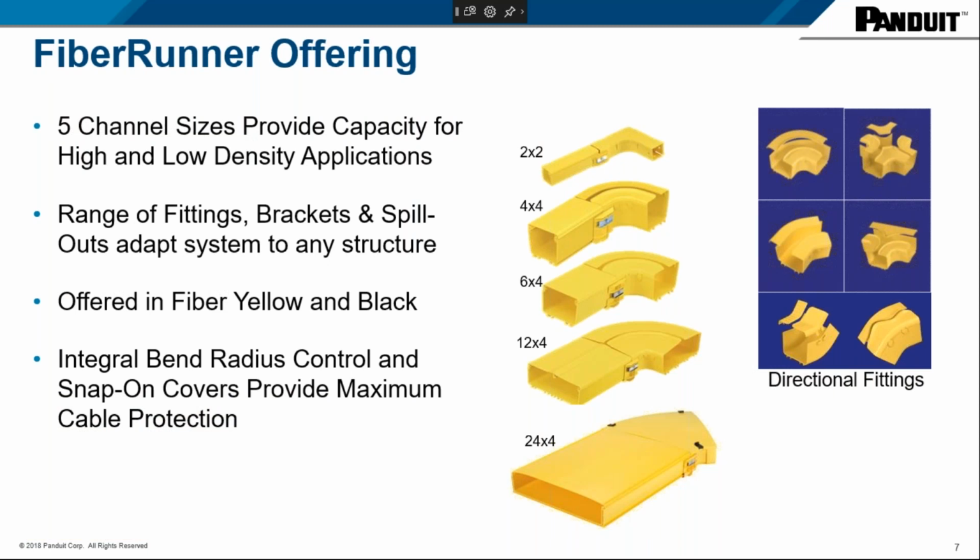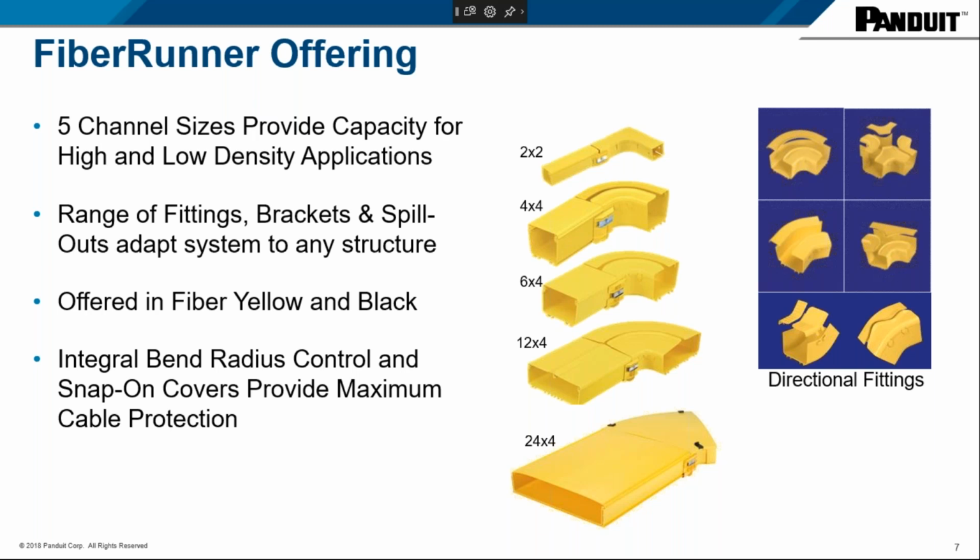So when we get into the FiberRunner offering, we do have a wide range of size offerings. We range from a 2x2, a 4x4, a 6x4, a 12x4, and a 24x4. This product offering has a range of fittings, brackets, and spill-out options. We've had this product for a substantial amount of time, so we have a vast number of fittings.